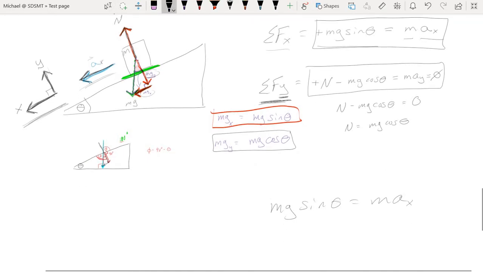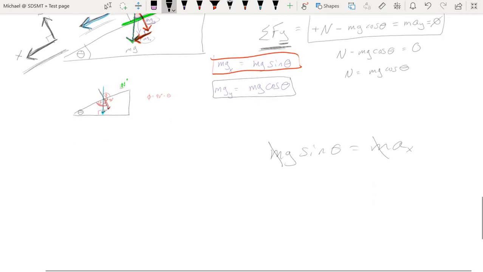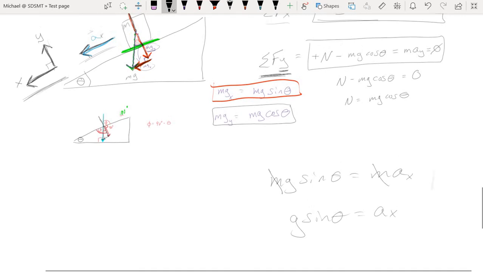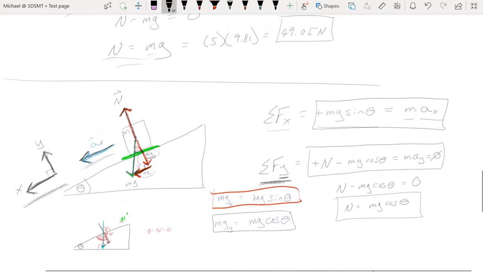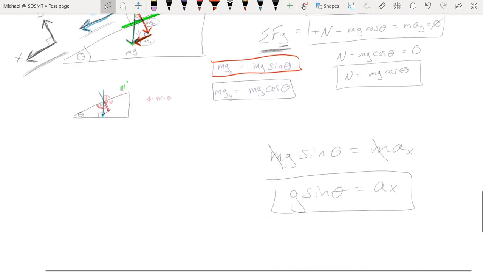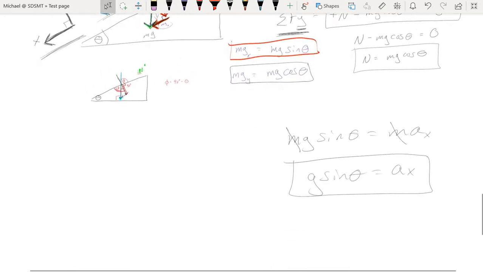But here we actually see the mass canceling out on either side, and that's it. This is the acceleration of our mass as it slides down the incline of value theta. And this is the reason why I did not provide us with any numbers to this system, is because we are getting what are called general solutions.